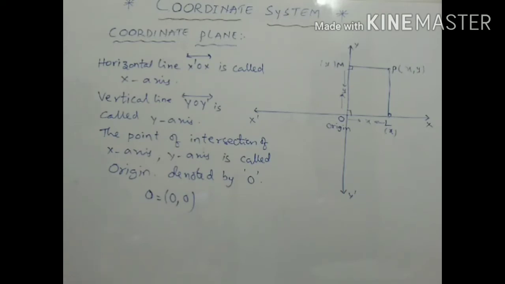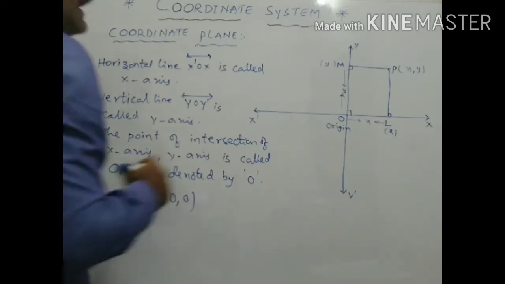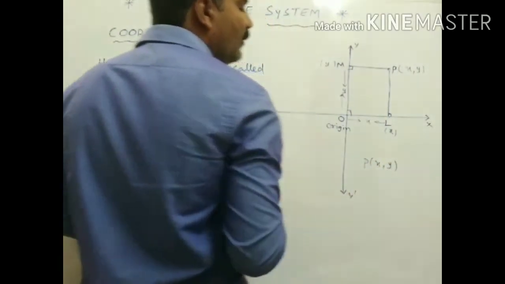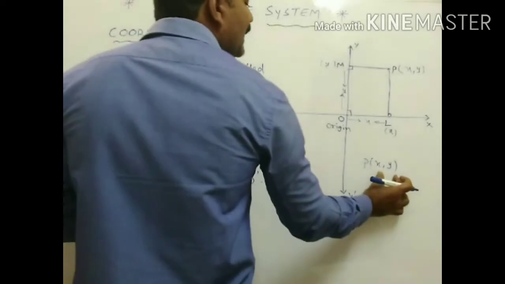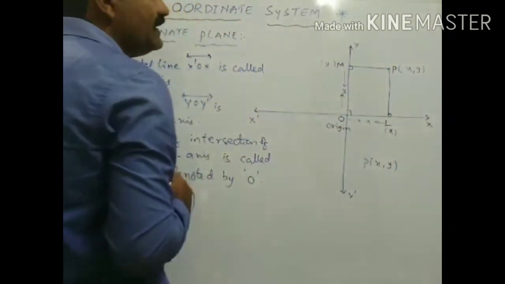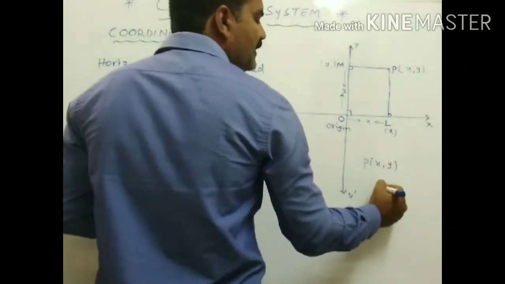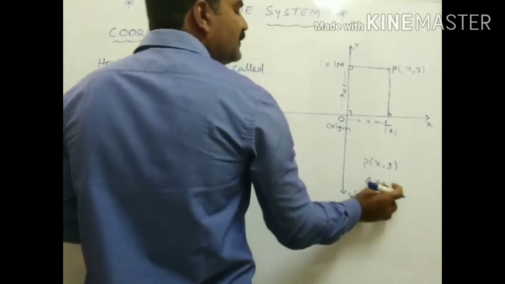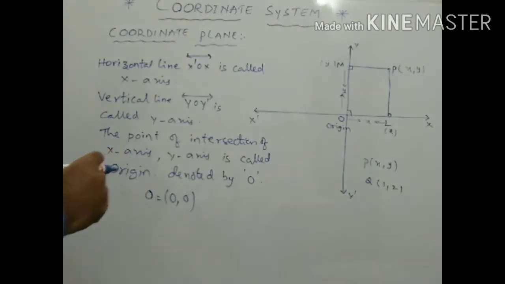So x is called the x coordinate, and small y is called the y coordinate, and finally the point P is denoted as P(x, y). Generally there may be a point, suppose 1 comma 2, say some Q. So 1 comma 2 are the coordinates of a point Q, where 1 is the x coordinate and 2 is the y coordinate.